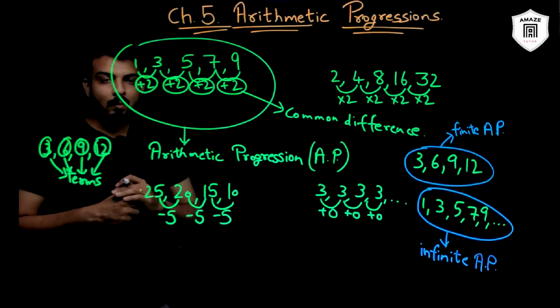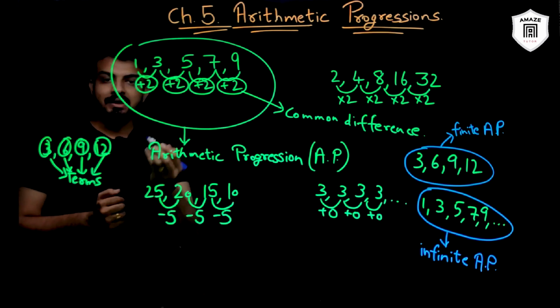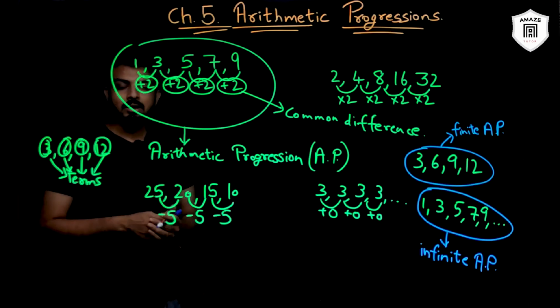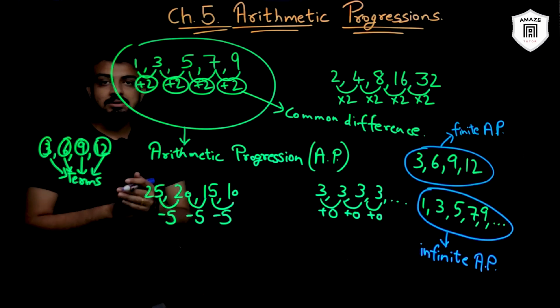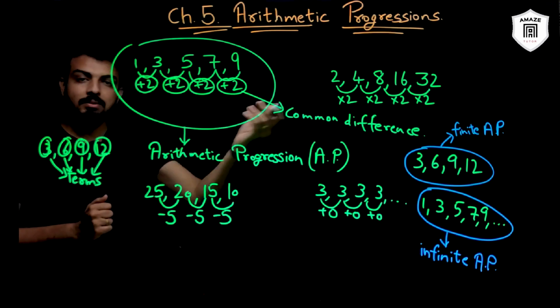Now let me quickly summarize. We can have multiple patterns, like each number getting added by some number, or multiplied by some number. Those are the different patterns we can have, right? Adding or subtracting, multiplying or dividing.